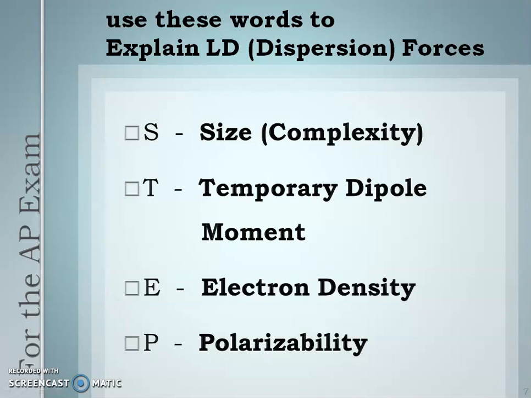We want to talk about the electron density. As you get bigger in size, you have more electrons, so your density is more, and if you have more electrons, that means you have a higher polarizability. The more easily you become polar, the more easily you become a dipole, which means your LD forces are going to be stronger.